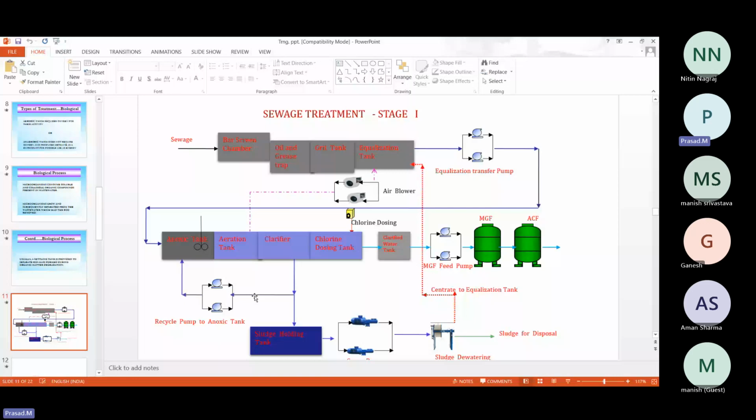So this is the thing. I will explain this in simple language. In the aeration tank, what happens? We are just giving oxygen to bacteria for survival. Bacteria will eat the pollutant.